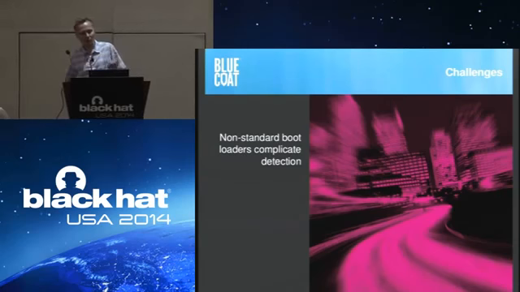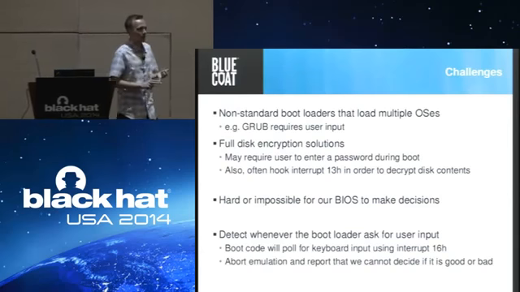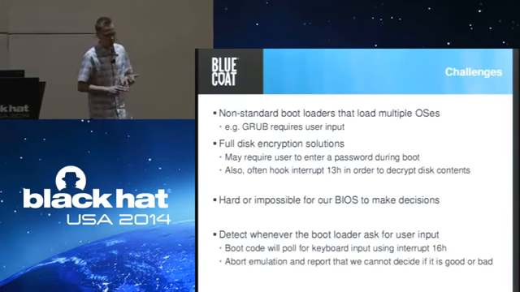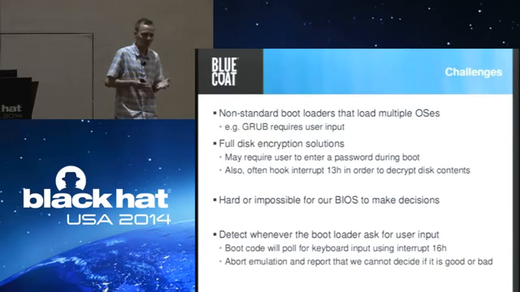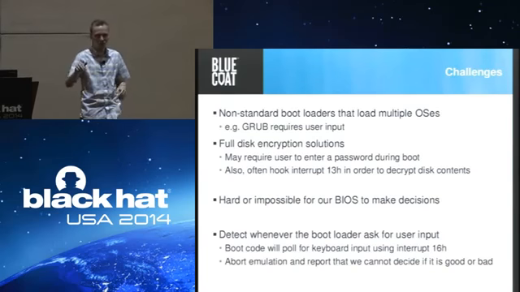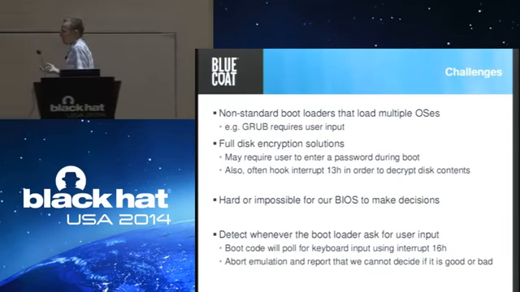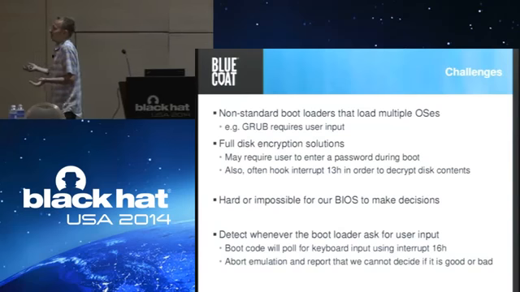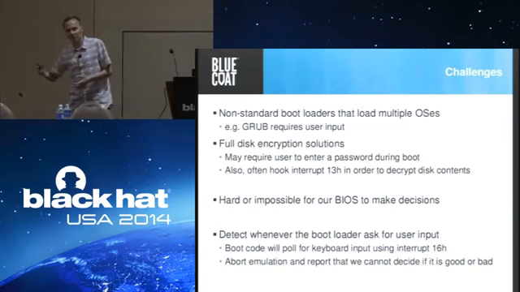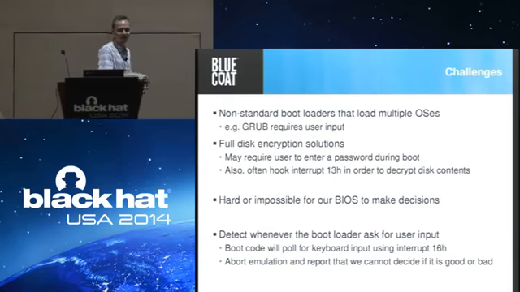So for non-standard bootloaders, such as GRUB, if you install GRUB on Linux, you can do a dual boot setup. So you will get this UI where you can choose which operating system you'd like to start. If this is running on the system, we can fake keyboard input, but it's really hard to make the decision of which OS to run.